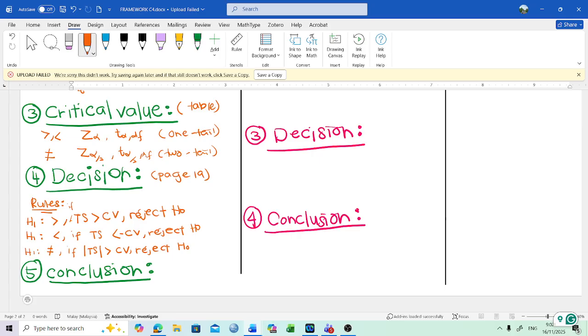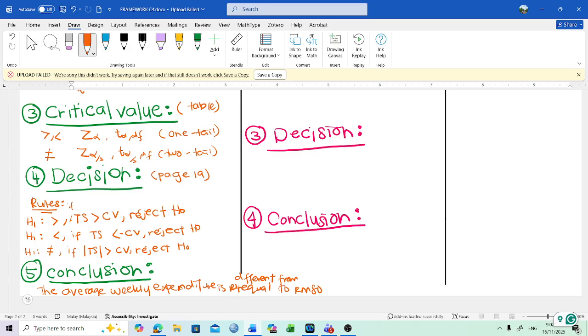Then the conclusion will be, therefore, the average weekly expenditure is unequal to 80 ringgit, or is different from 80 ringgit. It can also be written as different from 80 ringgit.